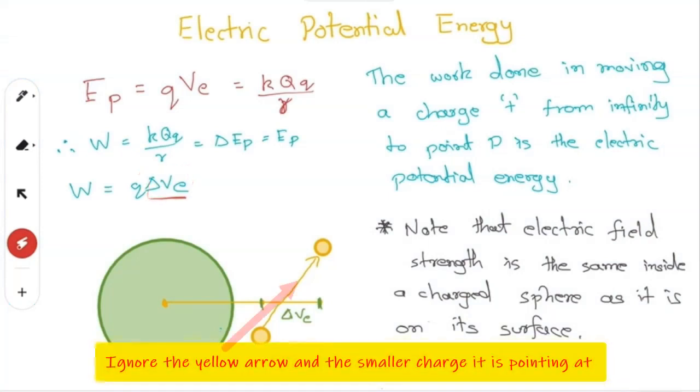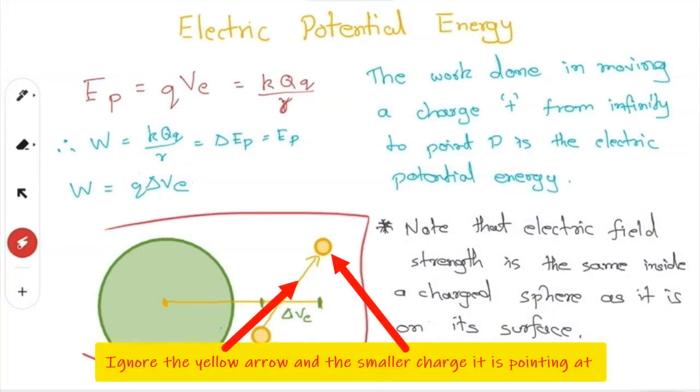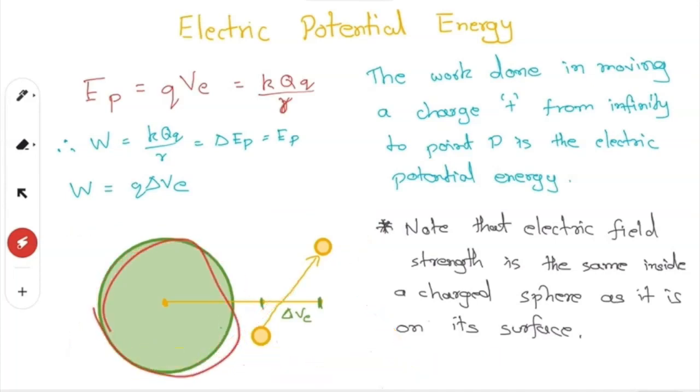So while it's been expressed as just VE here, it's important to remember that it is always the change in electric potential. And if we look at this diagram here, we can see a large charge and a smaller charge. This large charge is going to produce some electric field around it. Now let's say I wanted to take this charge and move it like this here. Well, one way to do that would just be to move it in a straight line, right?